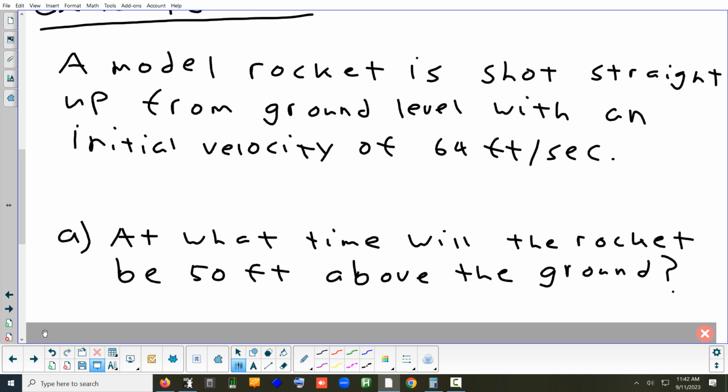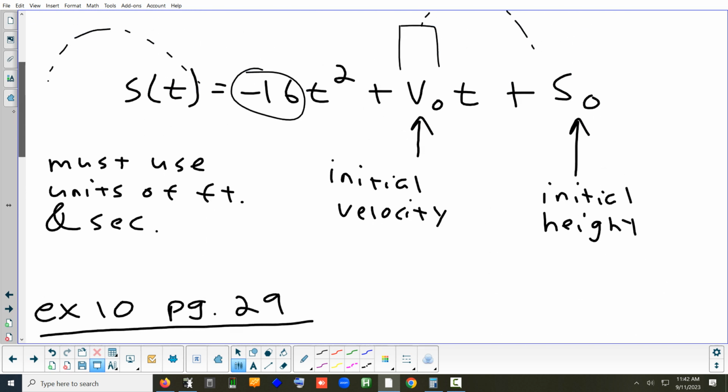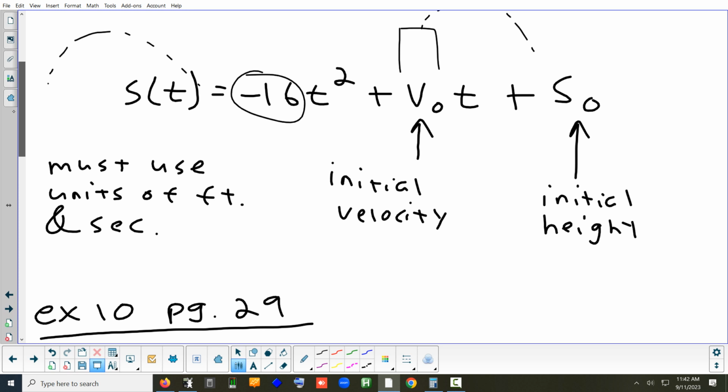What time will the rocket be 50 feet above the ground? Okay, so let's see if we can figure that out. Well, the first thing we need to do is write down that formula with our information.